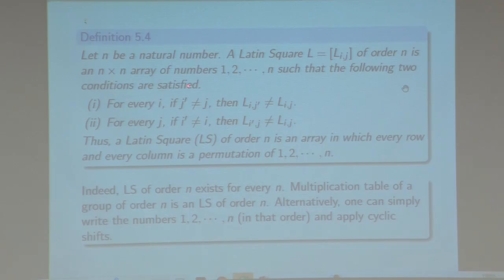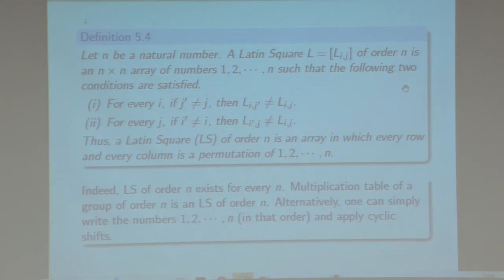A Latin square is an n by n array of numbers where every row is a permutation of the numbers 1 through n, and every column is a permutation. Latin squares exist for all orders. The easiest way of constructing one is to just write numbers 1 through n and then cyclically shift them, so you get a permutation each time.